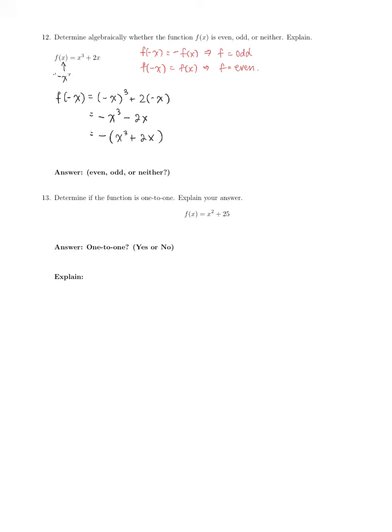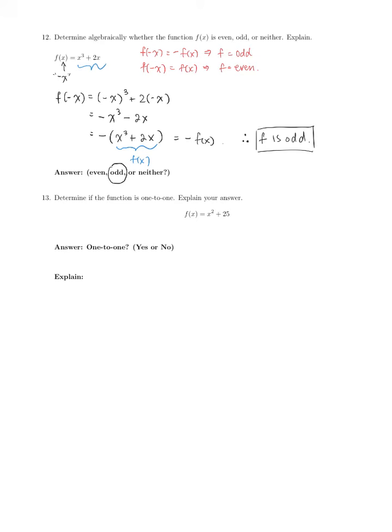But look, isn't this nothing but our f of x? I think so. So this means that we have negative of f of x. Therefore, f is odd. I'm just going to box that one, or you could just box it right here.